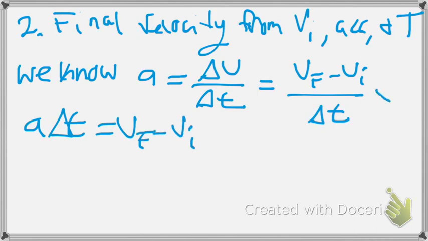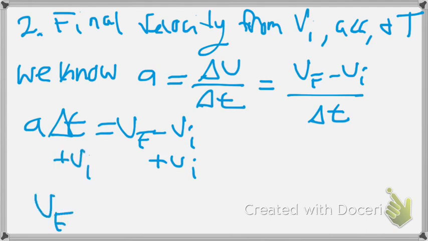And that's just taking change in time times this side and times this side. And then we can just add velocity initial to both sides to get velocity final by itself.